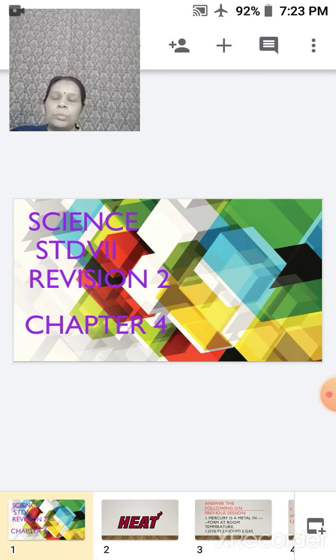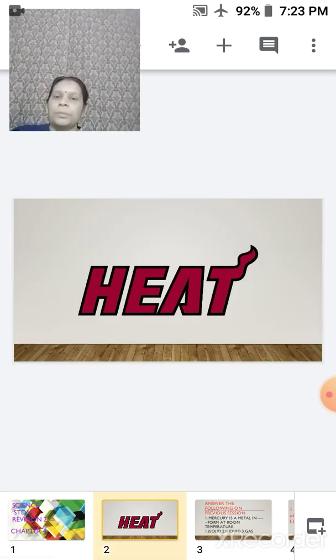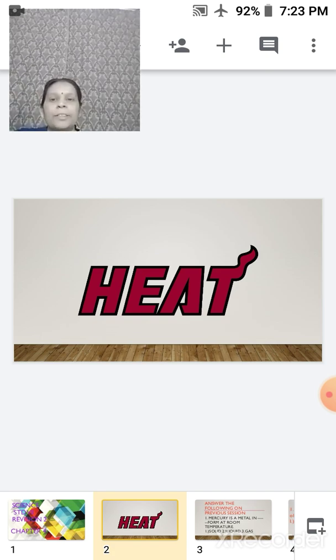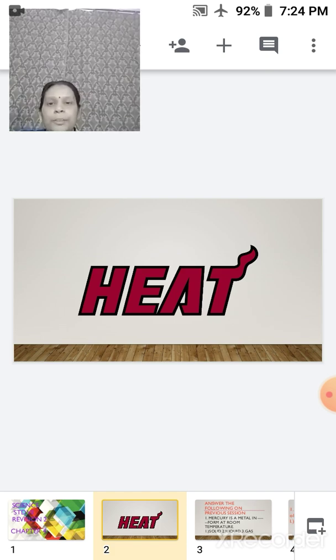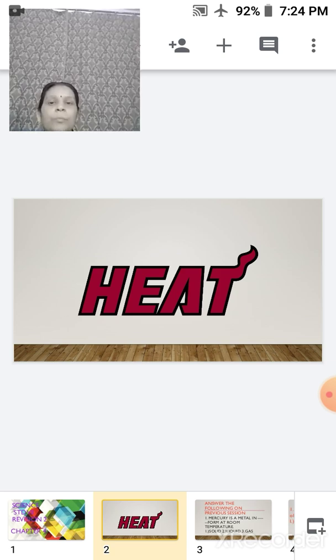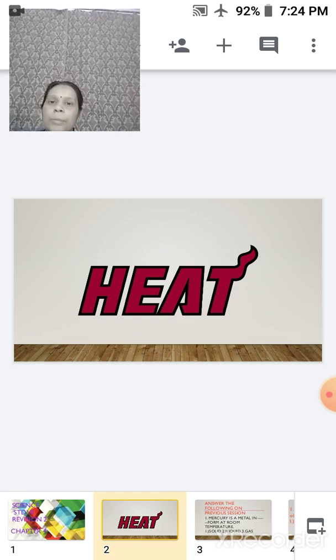And as you know, in the last period, we started with the revision of chapter 4, that is heat. Yesterday, during the class, I discussed heat, which is a form of energy. Then I told you about the different types of thermometers, that is digital, clinical, laboratory, and maximum and minimum thermometer and their uses.